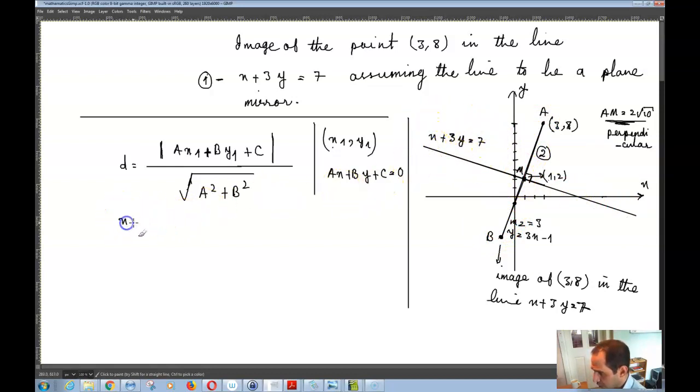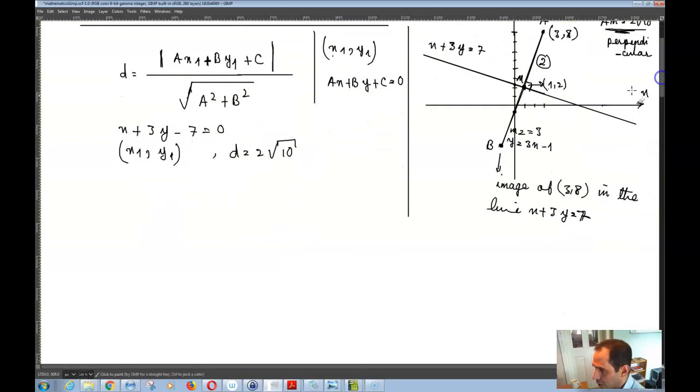It is x plus 3y minus 7 is equal to 0. And the point, I don't know what it is. It's (x1, y1). I want to find out what the point is. And the distance is supposed to be 2 square root of 10 units.